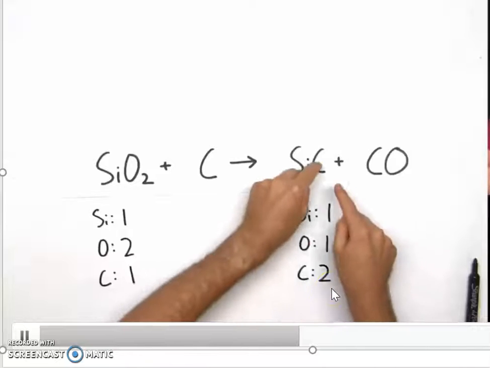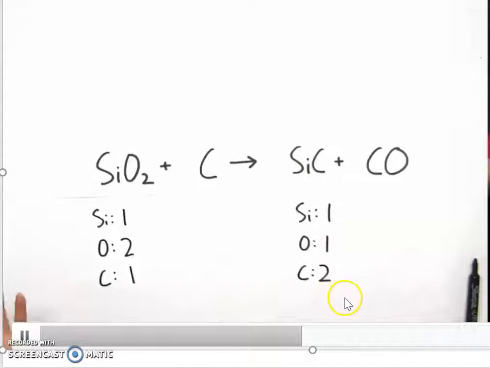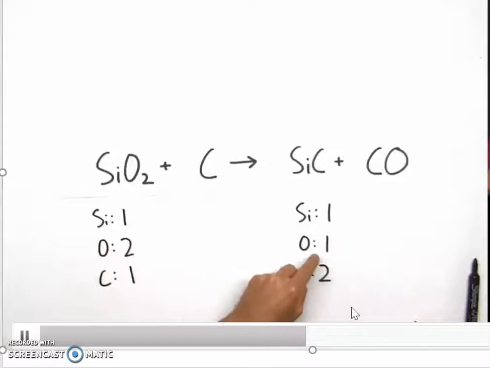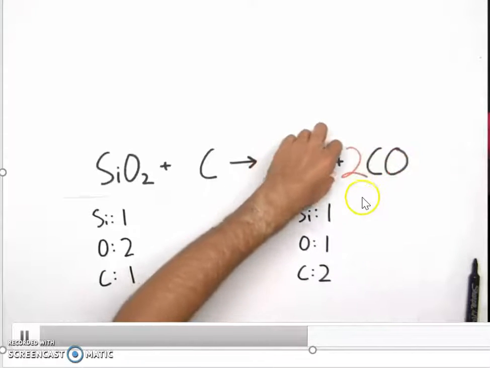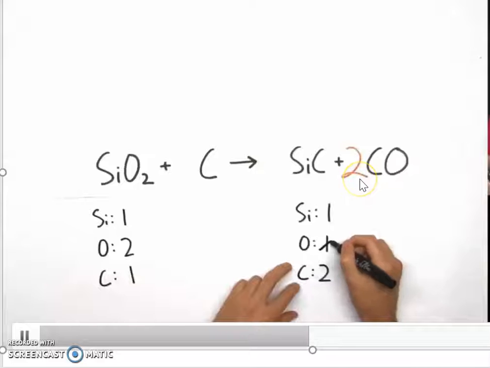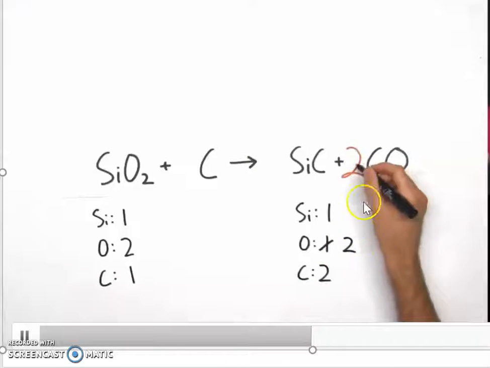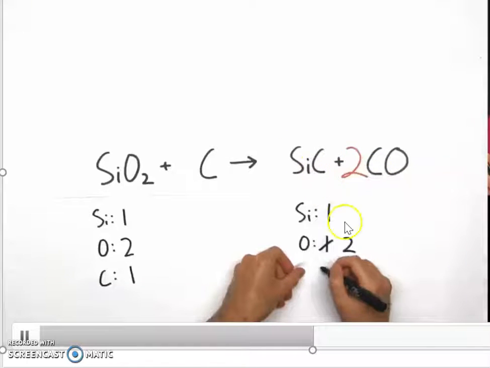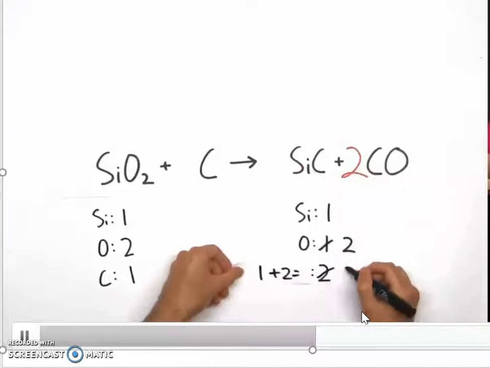So, what we will do, let's just put a coefficient here, okay? Put 2 here. So that will make oxygen 2 this time. But carbon becomes 3 now, right? 2 plus 1, it becomes 3 in the product side, carbon.